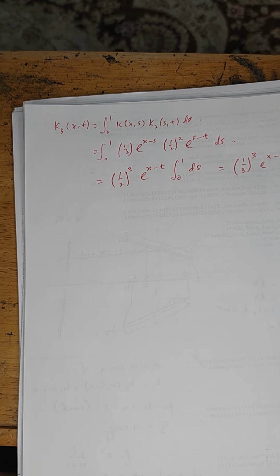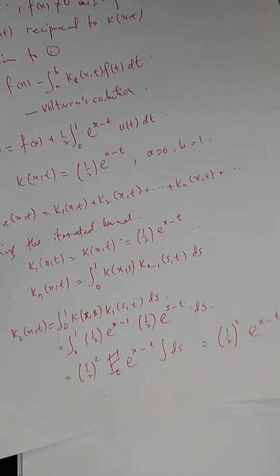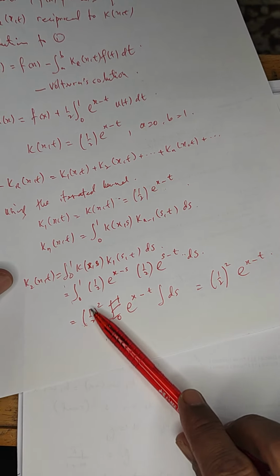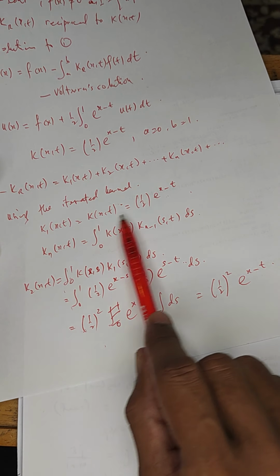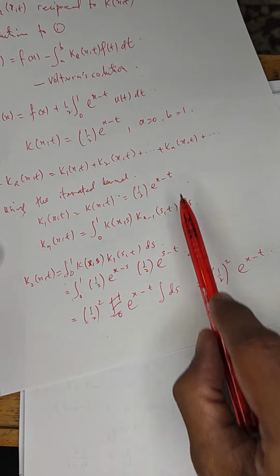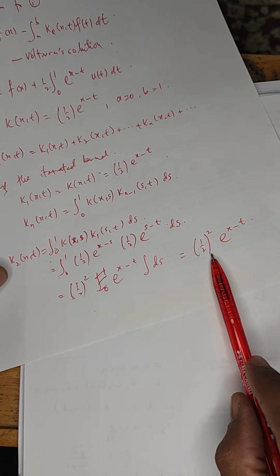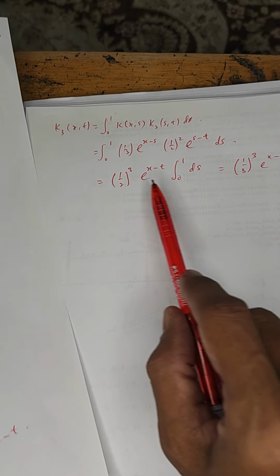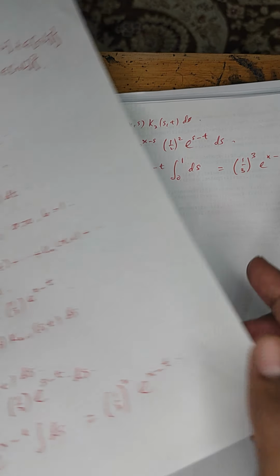Now from k_1, k_2, k_3: for k_1 we have half to the power 1, for k_2 we have half to the power 2, for k_3 we have half to the power 3.